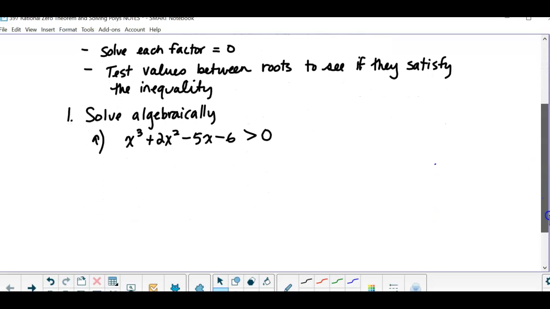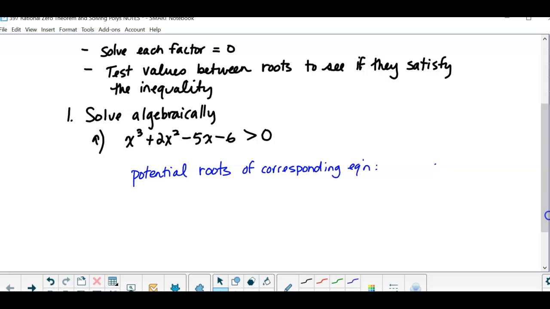So first one, here I would look at, okay, one side's already 0. So the potential roots of the corresponding equation equal to 0. Notice how there's a coefficient of 1, nothing shown out front.